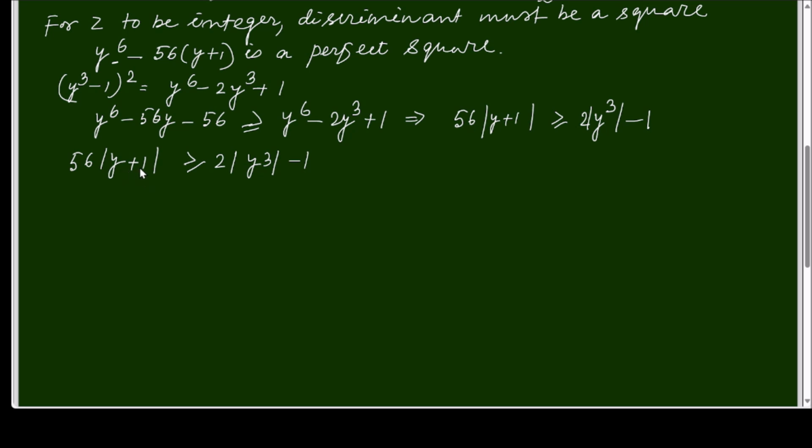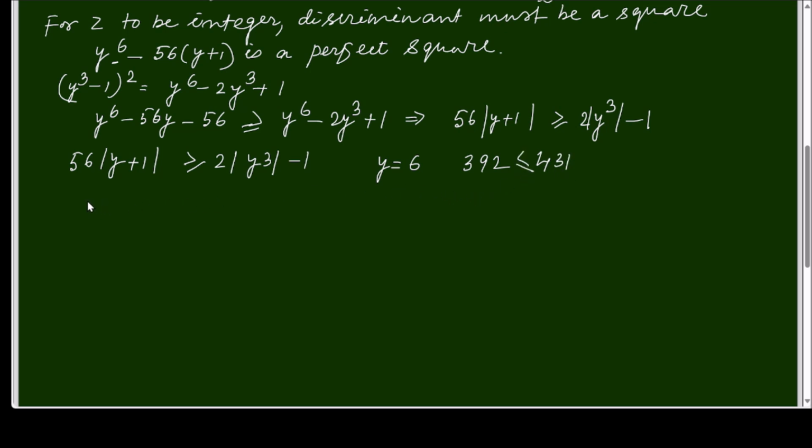For 3, 3 plus 1, that is also correct. But if you go beyond 5, when I put y equal to 6, this inequality changes, because it will be 7 into 56, which is 392, and 6 cubed is 216, so 432 minus 1 is 431. So it changes.